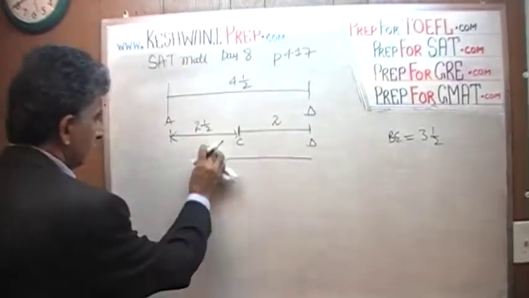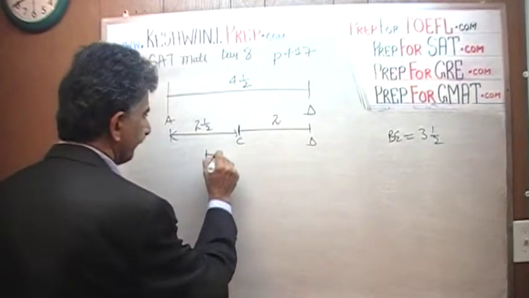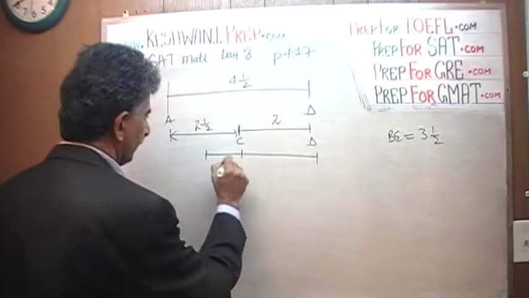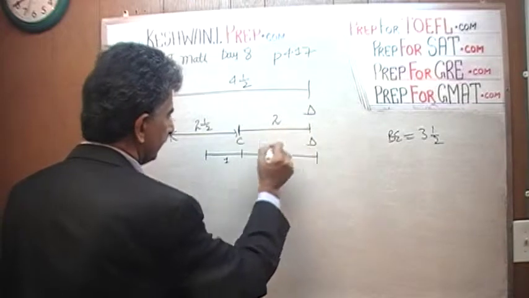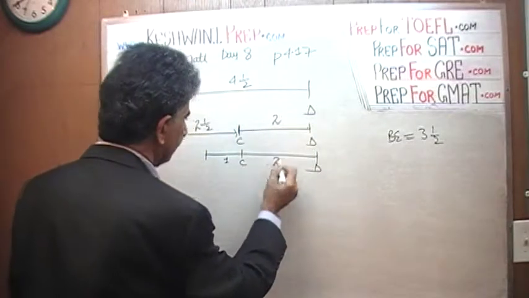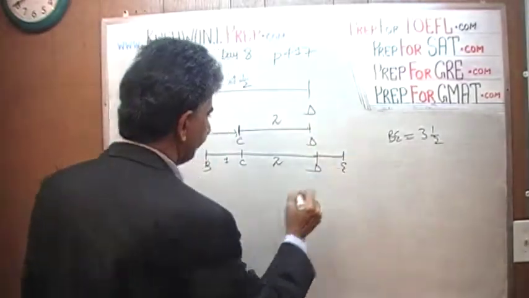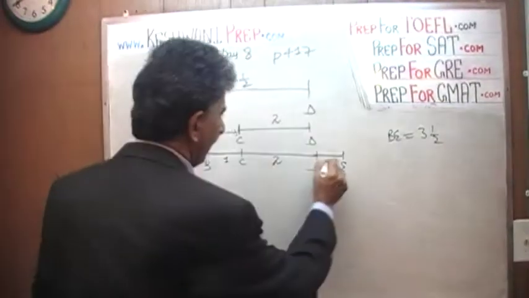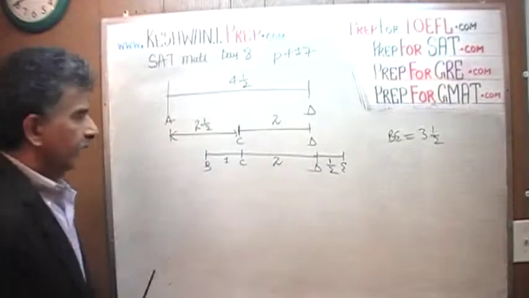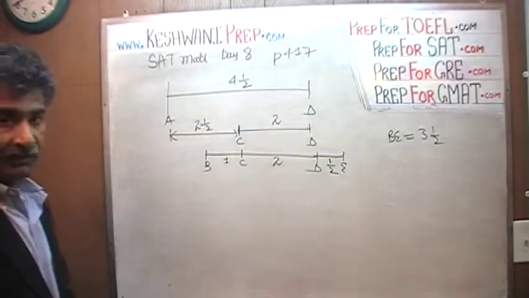Let's start from somewhere here and pretend that from here to here is 1. From here, C to D, this is C and this is D. This is 2 and this is your B, and then this is going to be our E. And this is going to be half. That would do the job nicely.